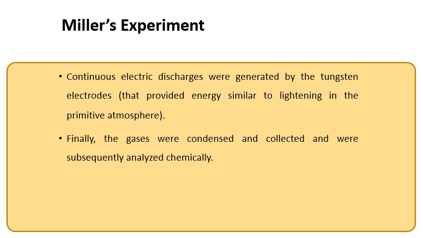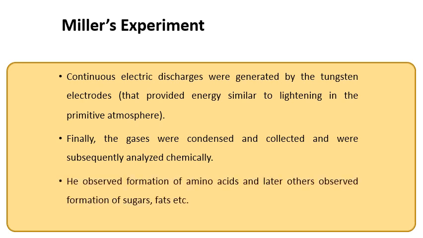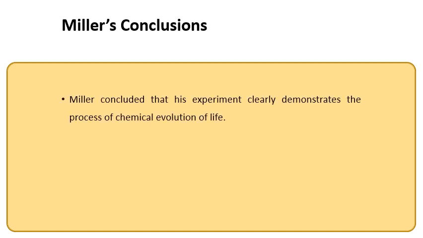After a few weeks Miller analyzed the liquid collected in the trap and found that it contained simple organic compounds like amino acids and carbohydrates. With this experiment, he clearly demonstrated the theory of chemical evolution.